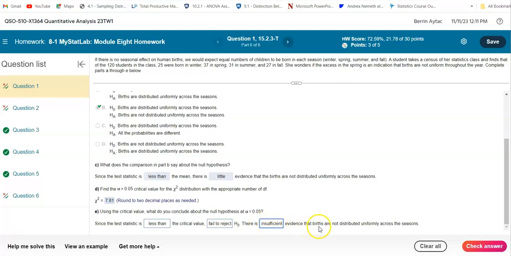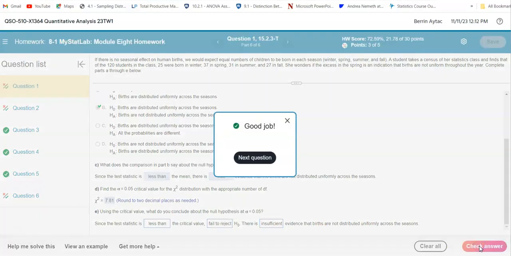So there is insufficient evidence that births are not distributed uniformly across the seasons. This is the main thesis. Okay, let's check. Okay, great.